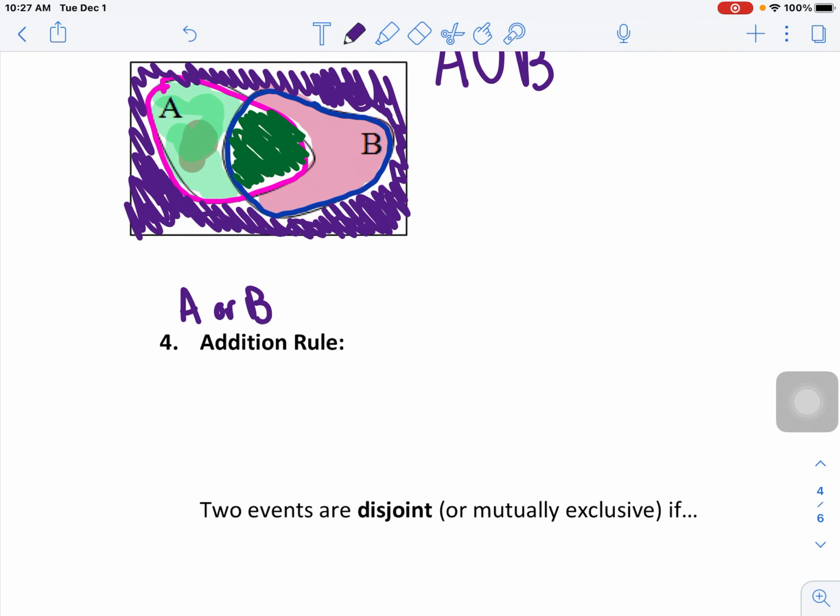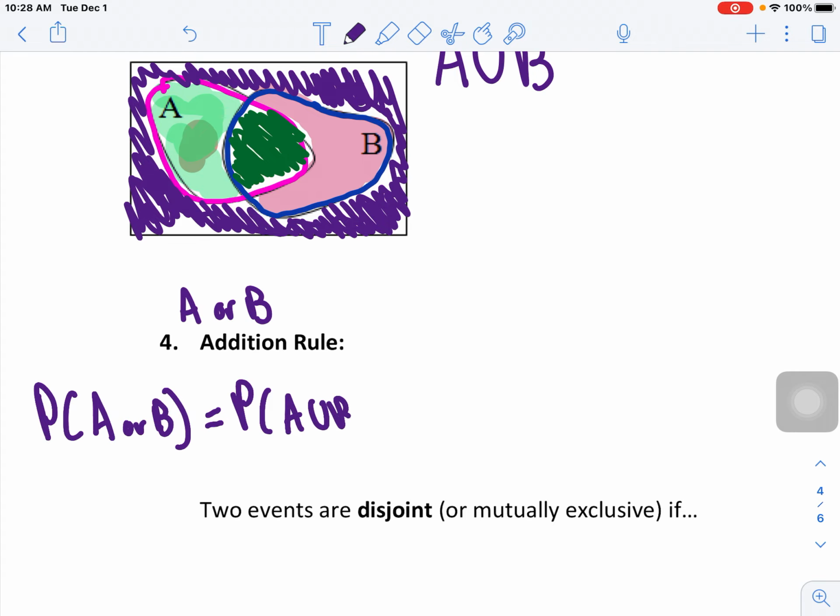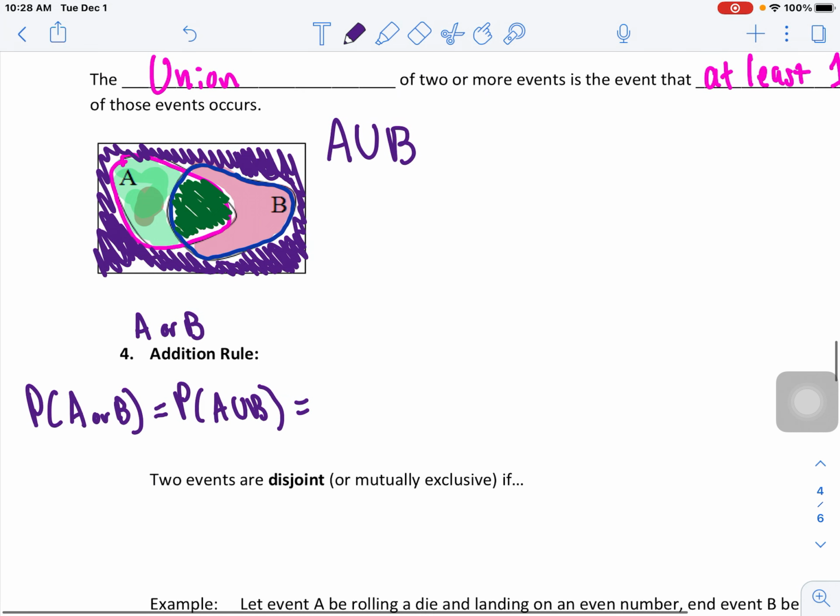And I'm going to jump right into the rule and then hopefully try to help you make sense of it through an example. So the rule: the probability of A or B occurring, which is the same thing as saying the union of A or B, can be found by adding.